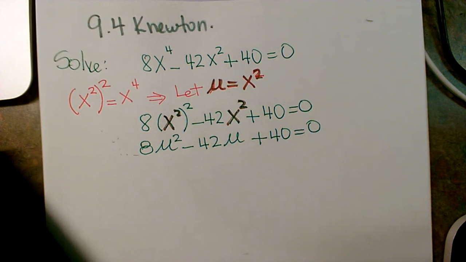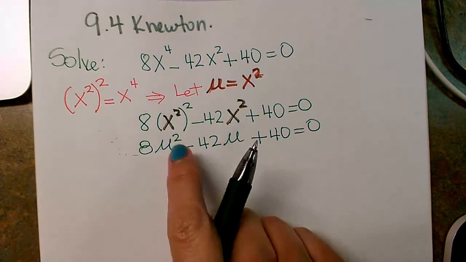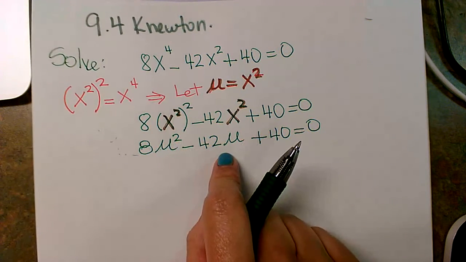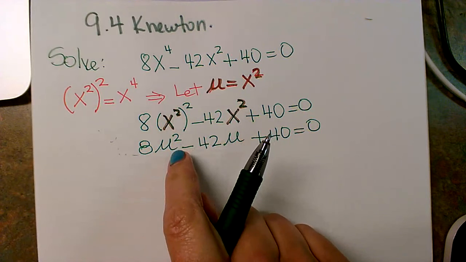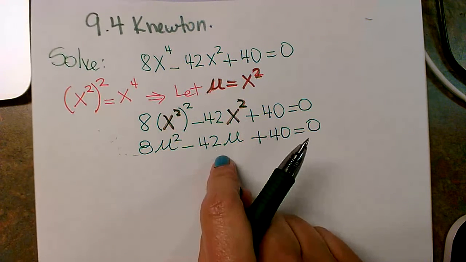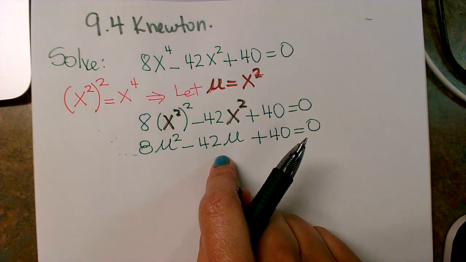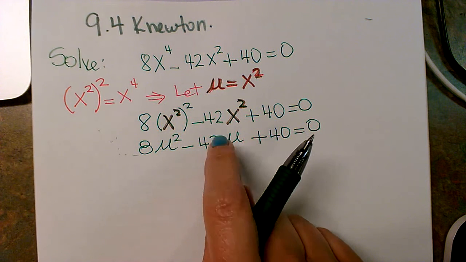I can use the square root property. Okay, we could use the square root property here, or we could use the box method.